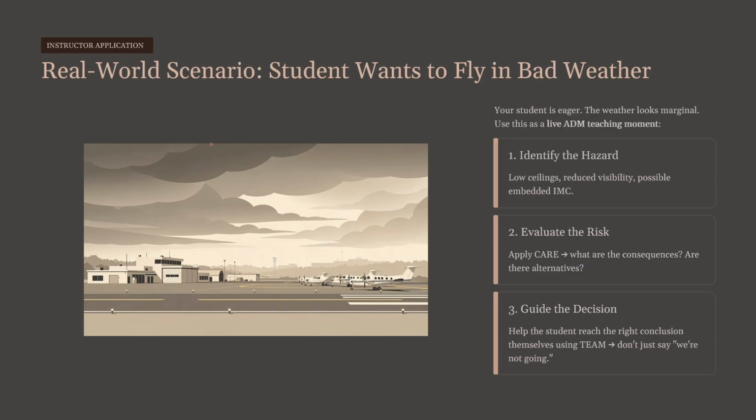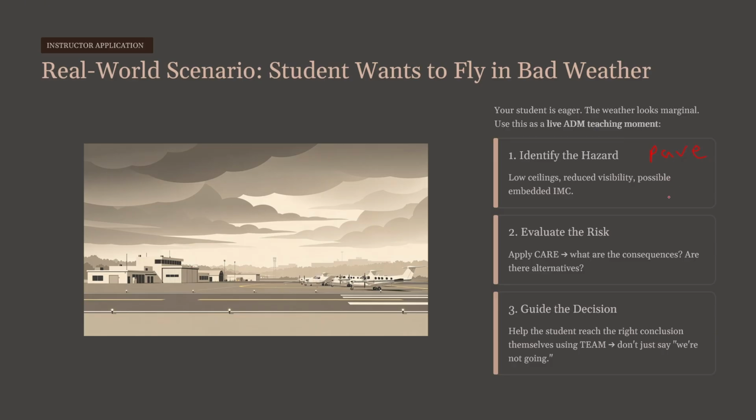And this slide gives a practical example. If a student really wants to fly in bad weather, this is a great opportunity to teach them about ADM concepts rather than going flying, right? So first, identify the hazard, such as low ceilings, poor visibility, or possible IMC, by using PAVE.